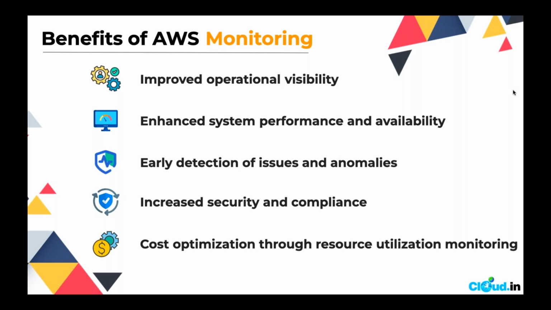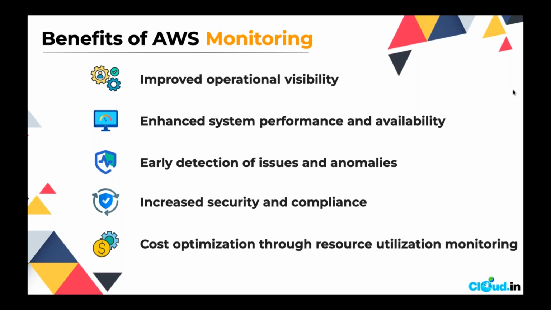Next comes the enhanced system performance and availability. By monitoring the metrics such as CPU utilization, memory usage, and network traffic like network in and network out, it enables you to identify performance bottlenecks and optimize resource utilization.